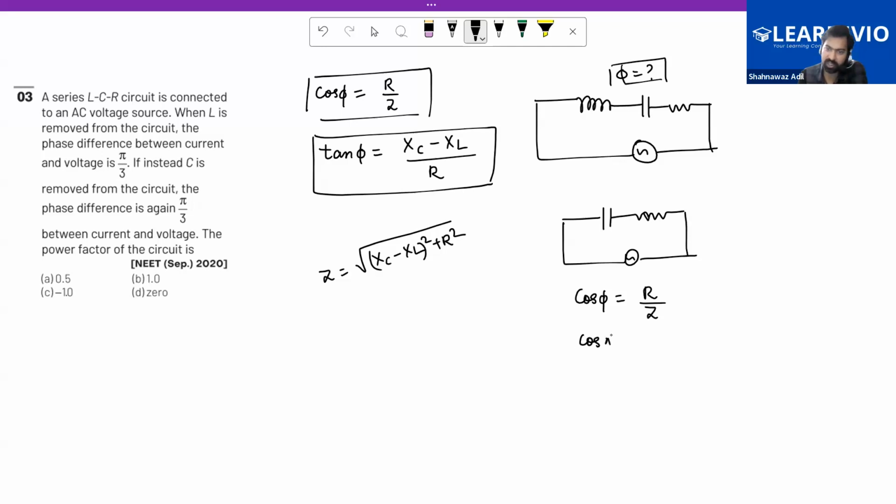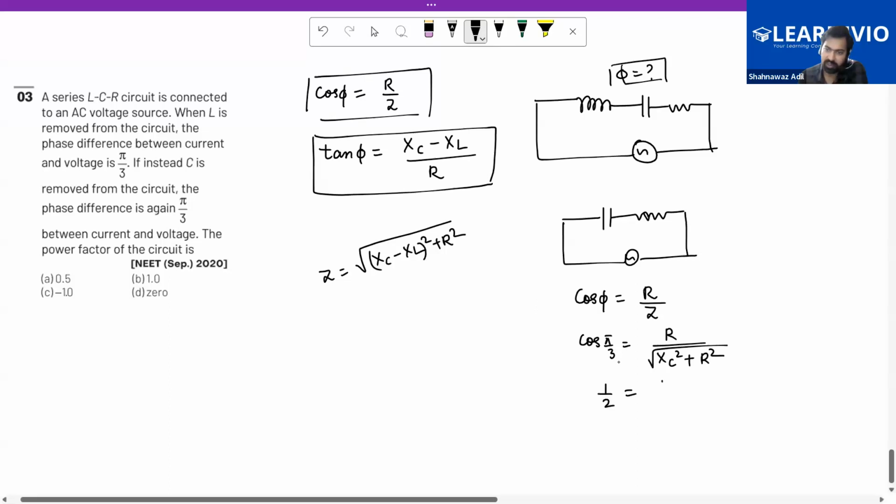Cos pi by 3 is 1 by 2. This is R, and then this is the square root of XC squared plus R squared.